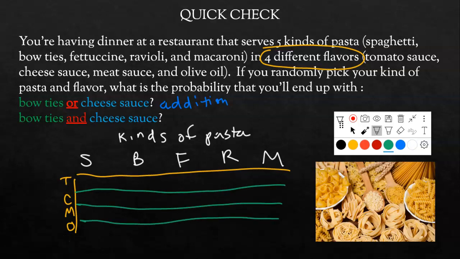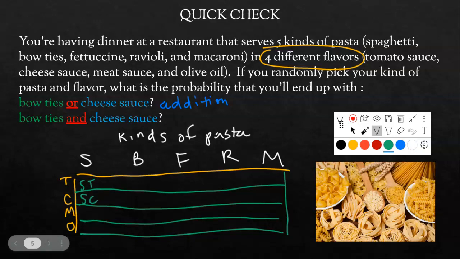It's going to take me a little while to complete this chart, but hopefully you know where I'm going with this. So this would be spaghetti tomato, spaghetti cheese, spaghetti meat, spaghetti olive oil. Bow tie tomato, bow tie cheese, bow tie meat, bow tie olive oil. You're kind of remembering that last video. It was like girl with the girl, girl with the boy.